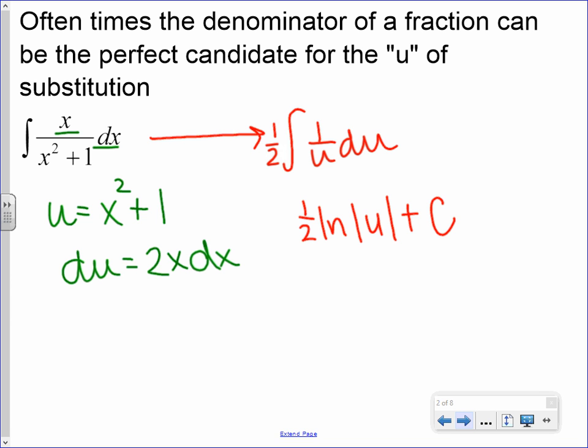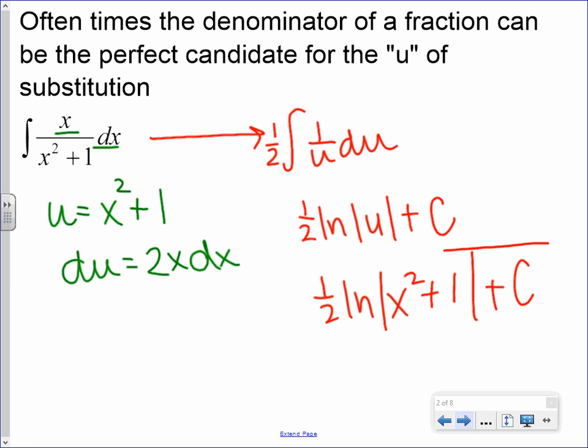The antiderivative would then be 1/2 natural log of the absolute value of u. And then we can replace u again.